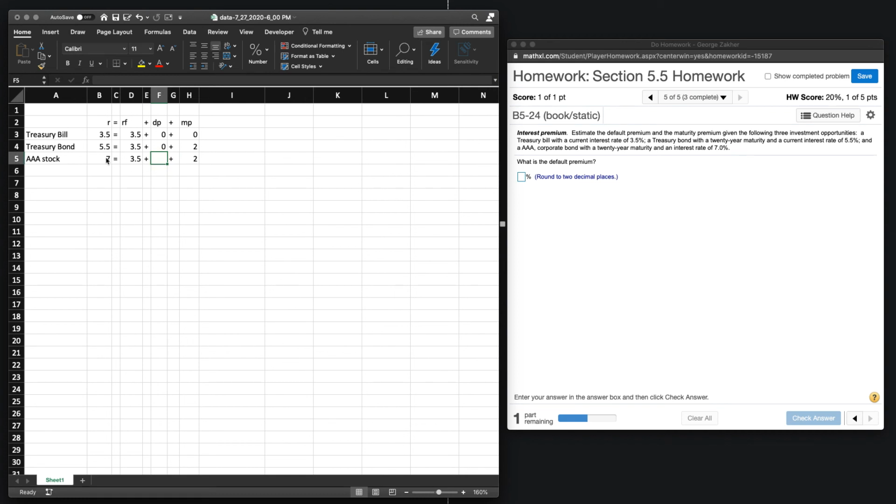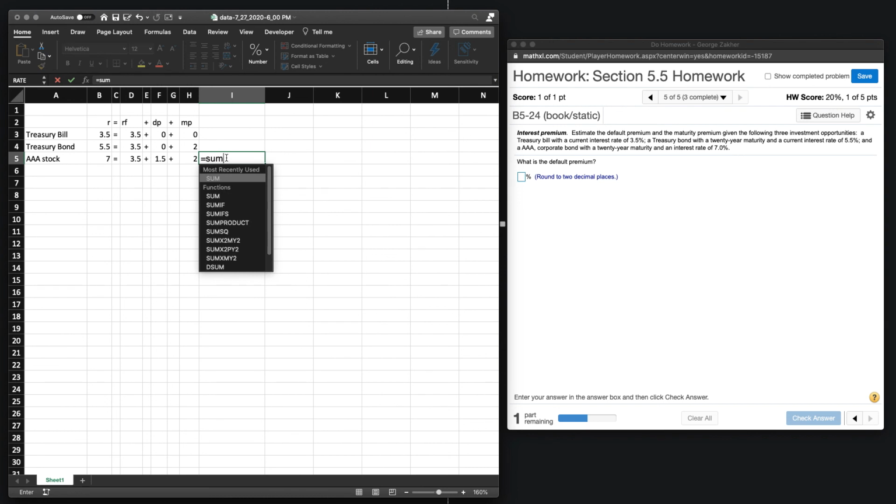The difference between the AAA stock and the Treasury bond is that there is a default premium associated with the bond, okay? So that means the difference between the corporate stock and the Treasury bond is going to be our default premium. And of course, if we add these up, let's just make sure that we seem to be on the right track. If we add up these 3 factors, we should get the same for our current interest rate. So that looks good.